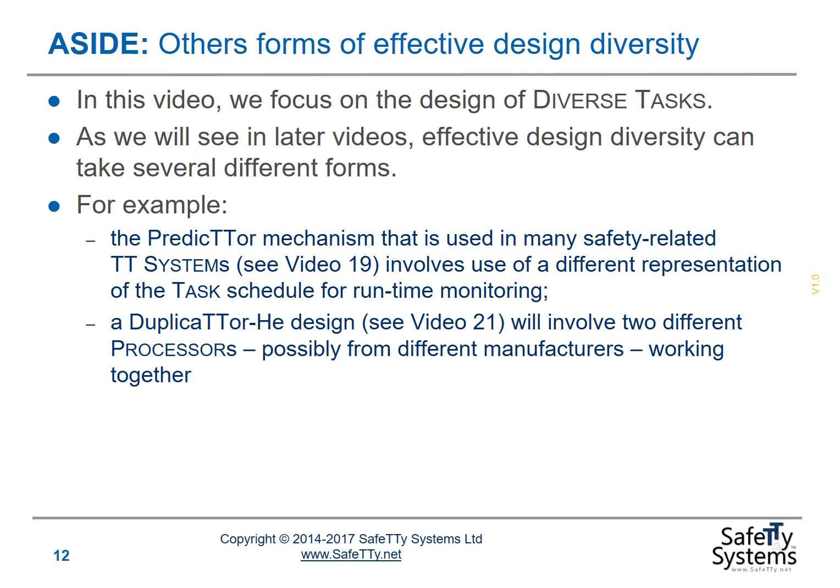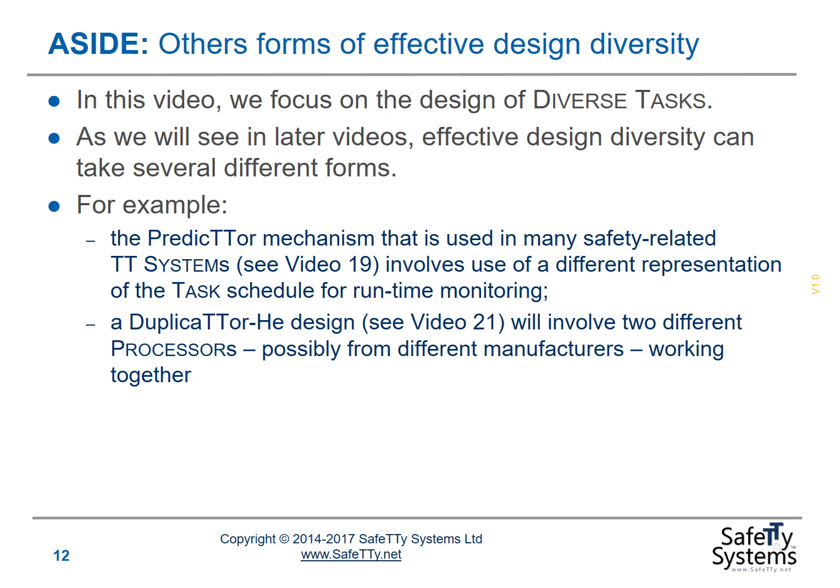So we have one representation of the task schedule represented in the scheduler arrays and a separate independent representation of the task schedule that we use for runtime monitoring. This form of diversity is useful.